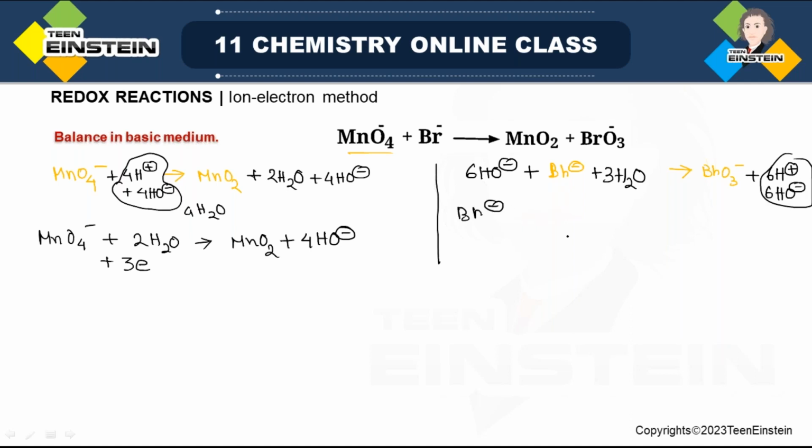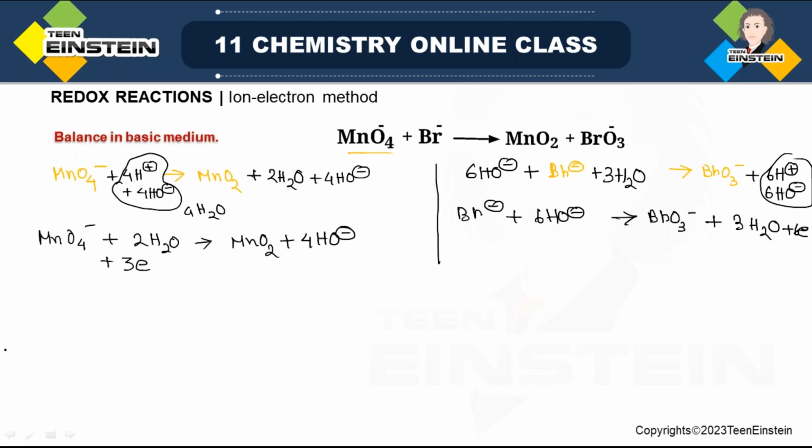These two together, 6 water. Six water, 3 water, so ultimately it is 3 water. Next, if you look at the charge, total negative charge on the left hand side is 7, but here it is only 1. So I will write 6 electrons.